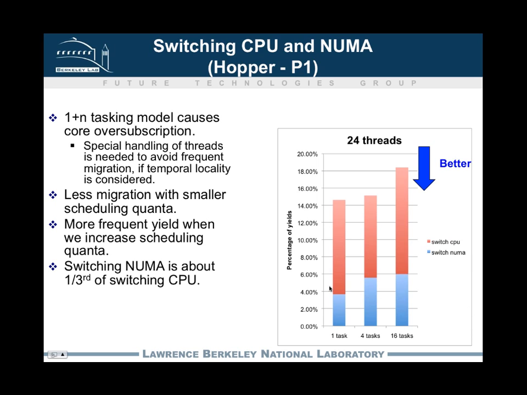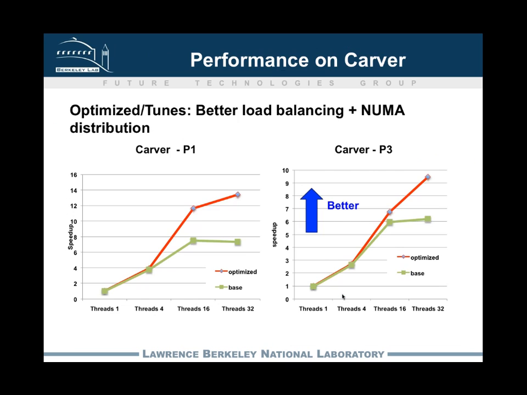Now about 1/3 of the migrations happen between different NUMA domains or NUMA nodes. I'm sorry, I'm using the words NUMA domain and NUMA nodes interchangeably, but they are the same.